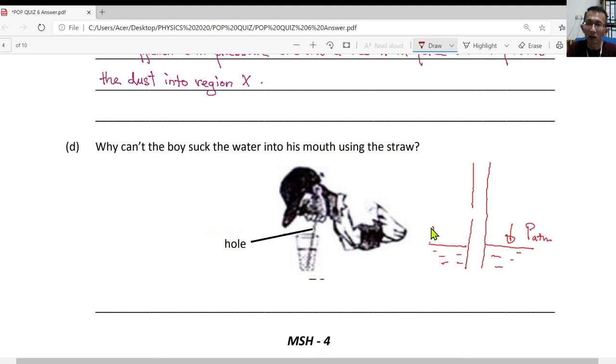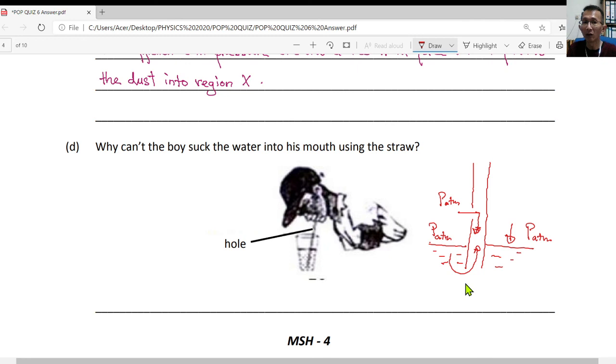Pressing the water here, the surface of the water, so that the water will go inside here, correct? Because inside the straw we're supposed to have lower pressure, right? But I have a hole here, so what happened? I have P atmospheric also pressing here. It presses downward. At the same time, I have P atmospheric here trying to push the water into the straw. But at the same time, this atmospheric pressure is going to push the water out from the straw.